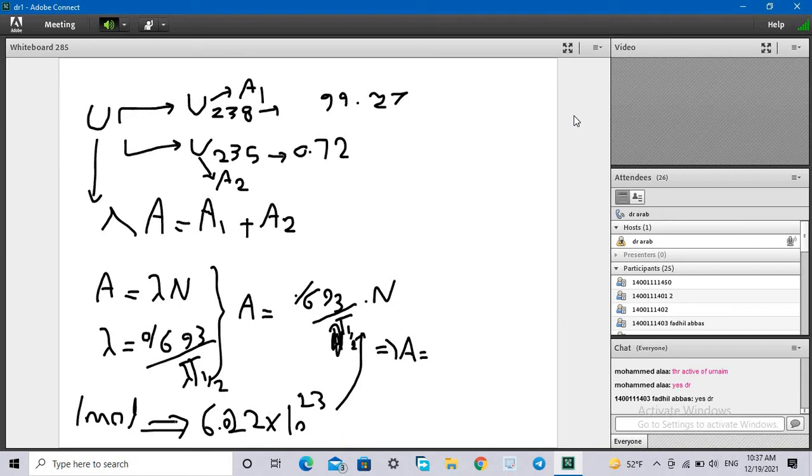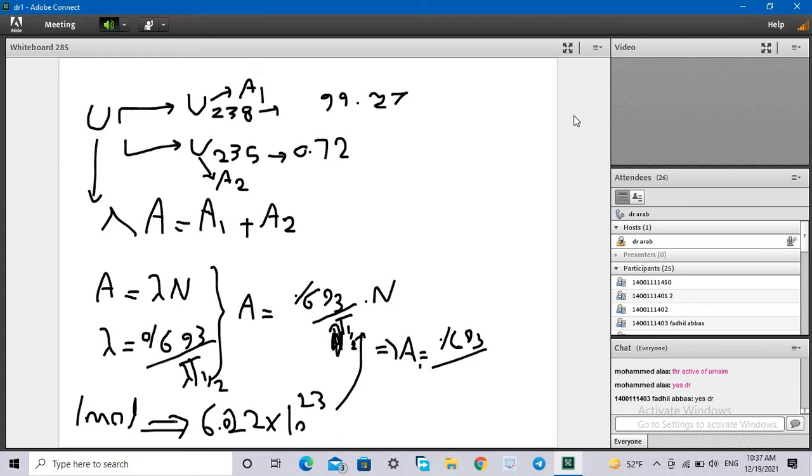Okay, for A1 we can write 0.693 divided by the half-life time of uranium 238, which is equal to 4.5 multiplied by 10 to the 9 years.